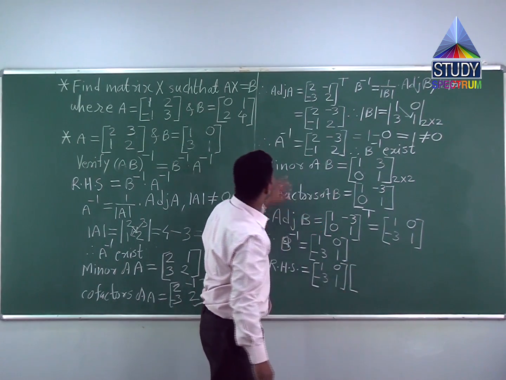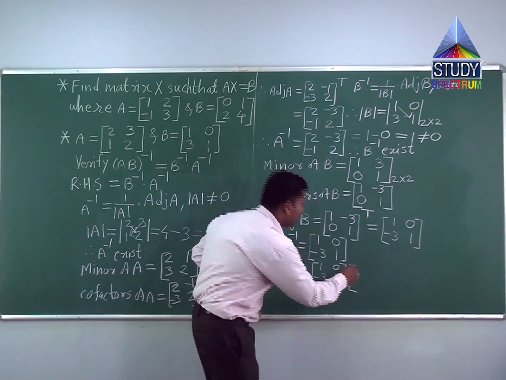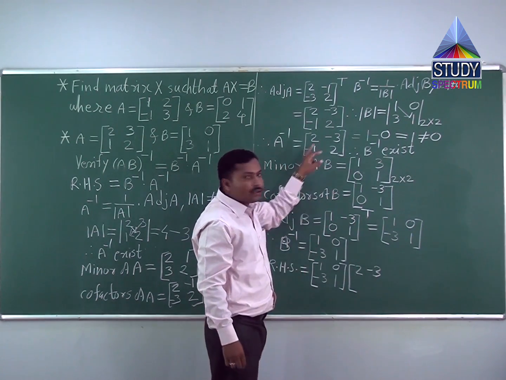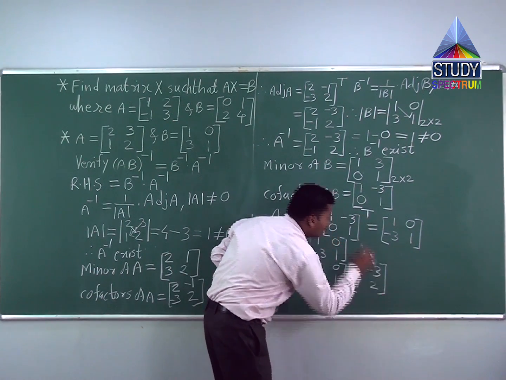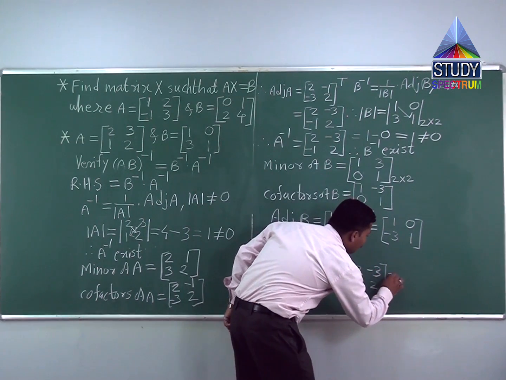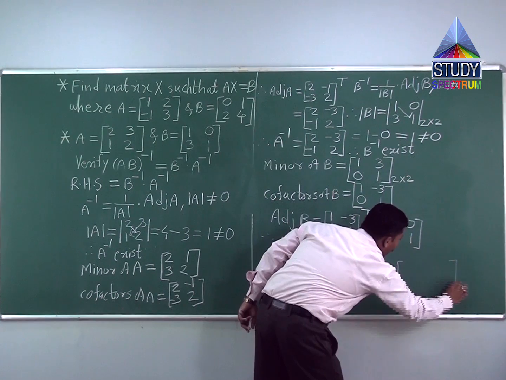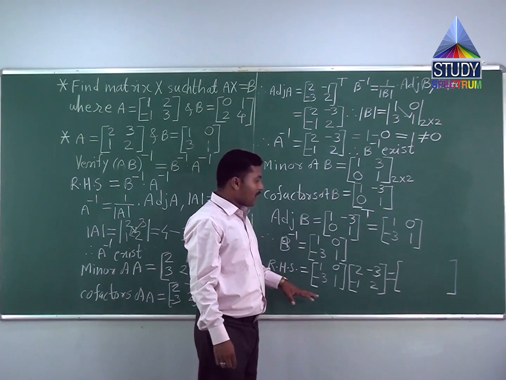What is A inverse? First row 2, minus 3, second row minus 1, 2. So we make the multiplication place to place.